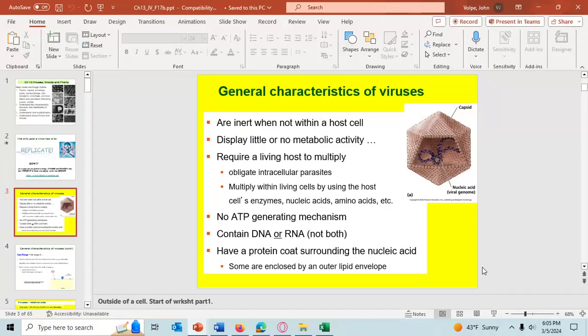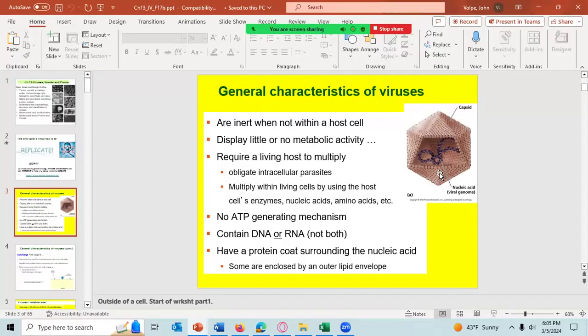So here we have a virus, and it has a central molecule, which will be a genome, and that will either be DNA or RNA, never both. And that will be surrounded by a protein coat, which is shown here with this cut out so we can look inside the virus. So viruses always have those.